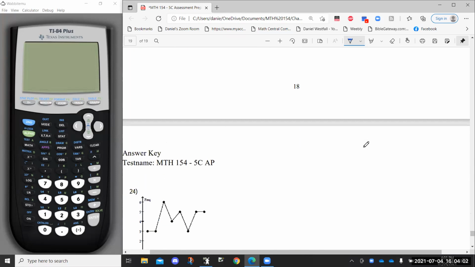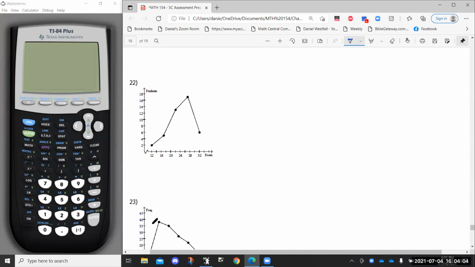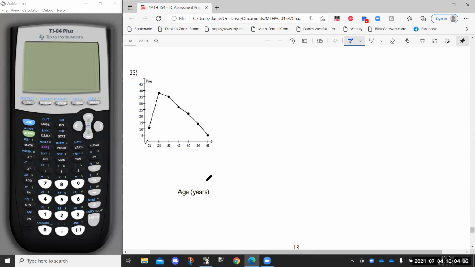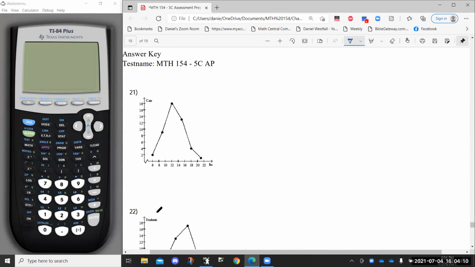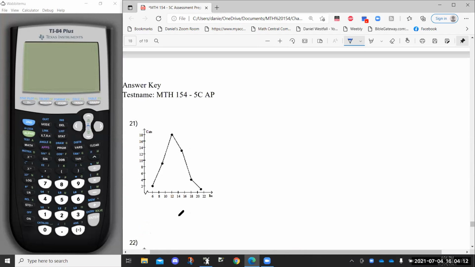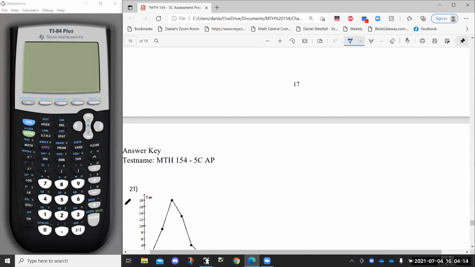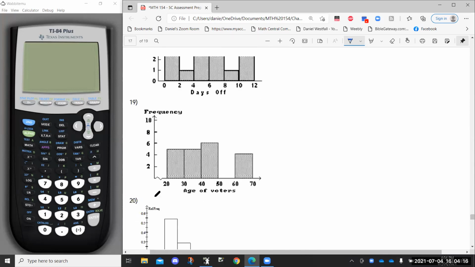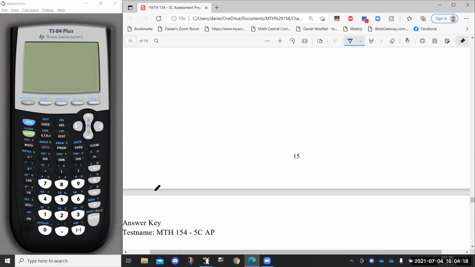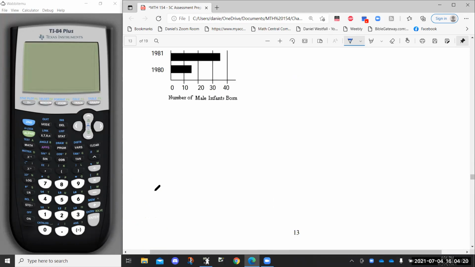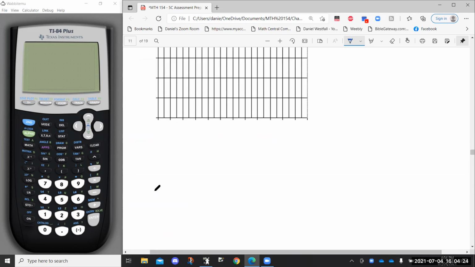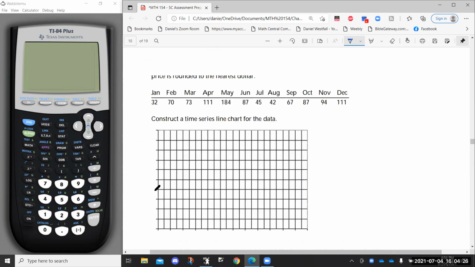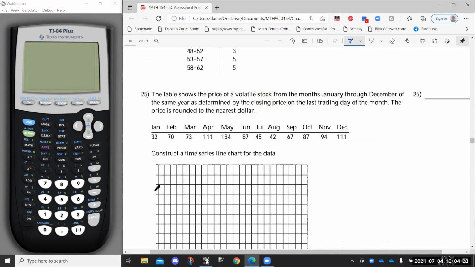Some of them have raw data, that's frequency on the left. Others have some meaningful labels, so you could put students or cats or relative frequency or whatever. So these last two, these time series problems, are basically the same thing as a line graph.